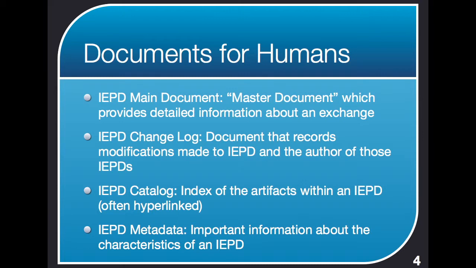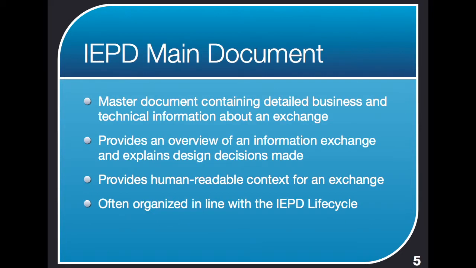A lot of times it's an HTML file that you can just pull up in a browser and click on to get to the various documents. And then there's IEPD metadata, important information about the characteristics of an IEPD. That's a fancy way of saying who wrote it, who is it designed for, who are the exchange partners, what's the date on the thing, does it have an expiration date, what version is it, information like that about the IEPD itself.